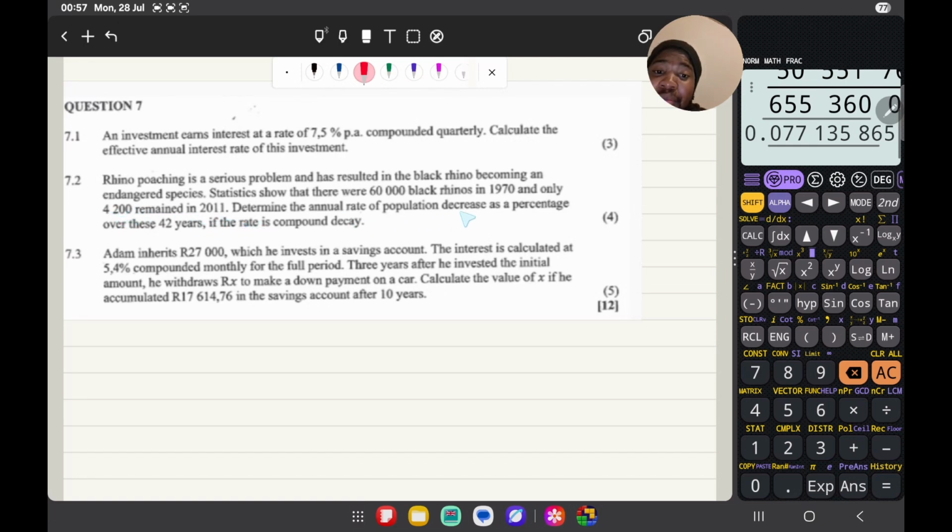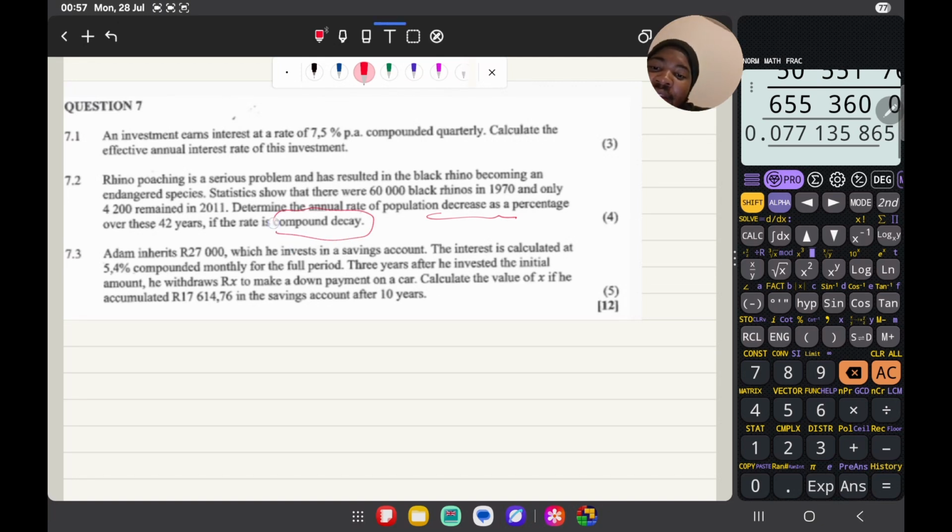Determine the annual rate of the population decrease as a percentage over these 42 years, if the rate is compound decay.